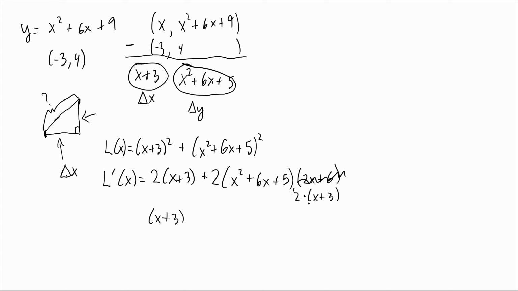In fact, even 2 times x plus 3 is a common factor. Oh, that's kind of nice. So that whole thing, 2 times x plus 3, is common. That means you're left with a 1 from that, and then plus x squared plus 6x plus 5 from the other term, so it's just 2 times x plus 3 times the quantity 1 plus... okay, plus 2x squared plus 12x plus 10. All right, so that's our derivative.